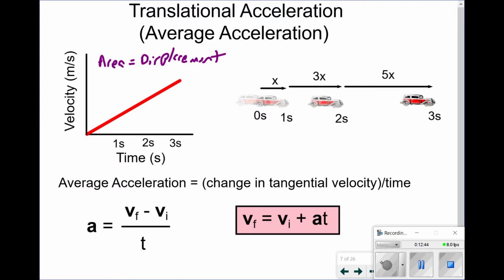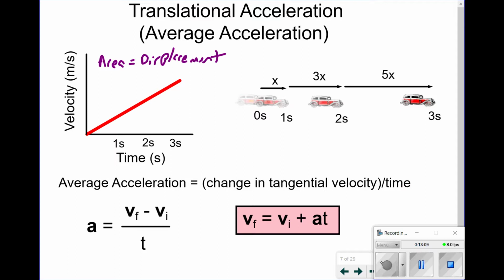When looking at the velocity versus time graph, we can also see how the displacement of the object is going to change and why it increases by a rate that follows the rule of odd numbers. Remember, for a velocity versus time graph, the area equals the displacement or the change in position.